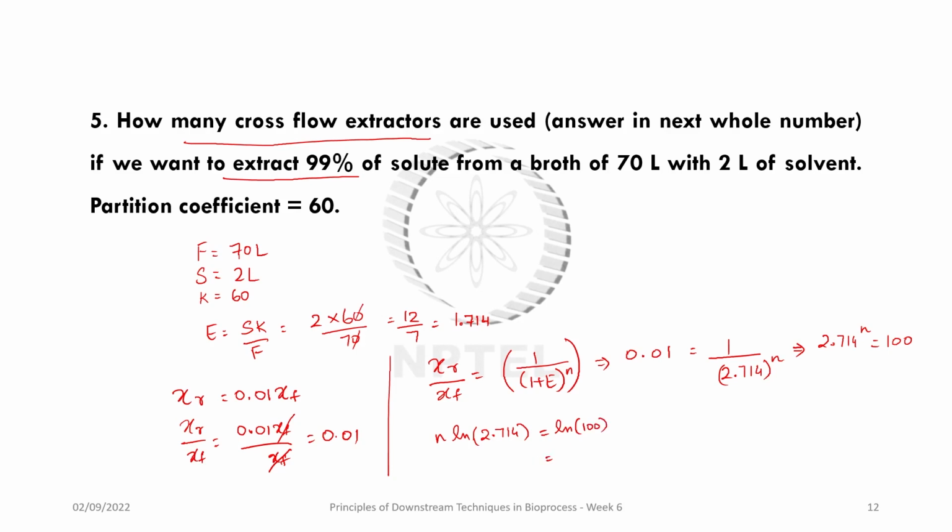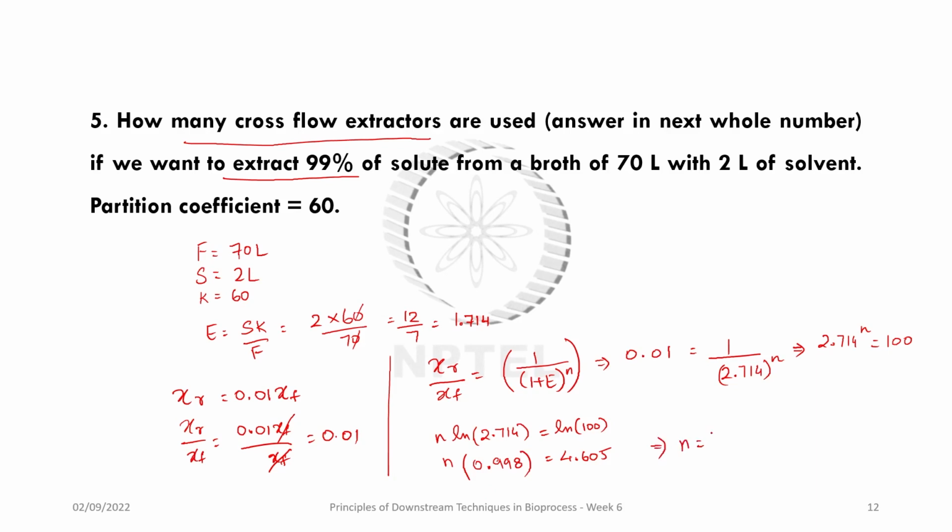Ln 100 is equal to 4.605, and n into ln 2.714 is equal to 0.998. So I'm going to divide these two.